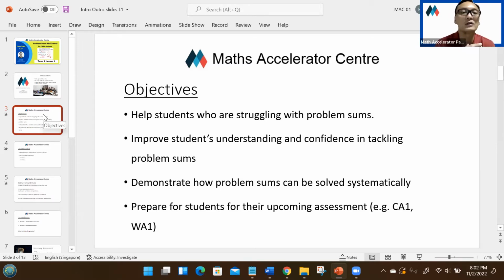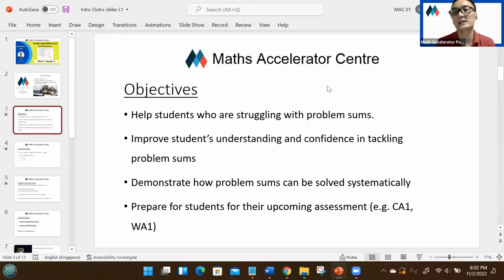So we want to improve their techniques and their understanding of the mathematics concept, and build their confidence in solving problem sums. We will also be demonstrating how problem sums can be solved in a systematic manner. All this preparation will be useful as they prepare for their upcoming assessment.